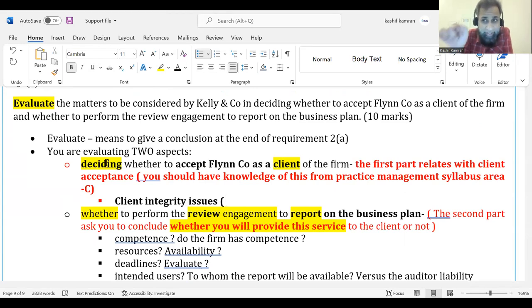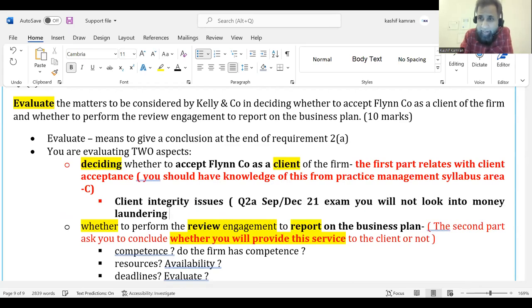But the examiner is saying in this question, question number 2A of the September-December 21 exams, you will not look into money laundering. So you will minus the money laundering when you're looking at the client integrity. But if there is any other issue besides money laundering, you will consider it.